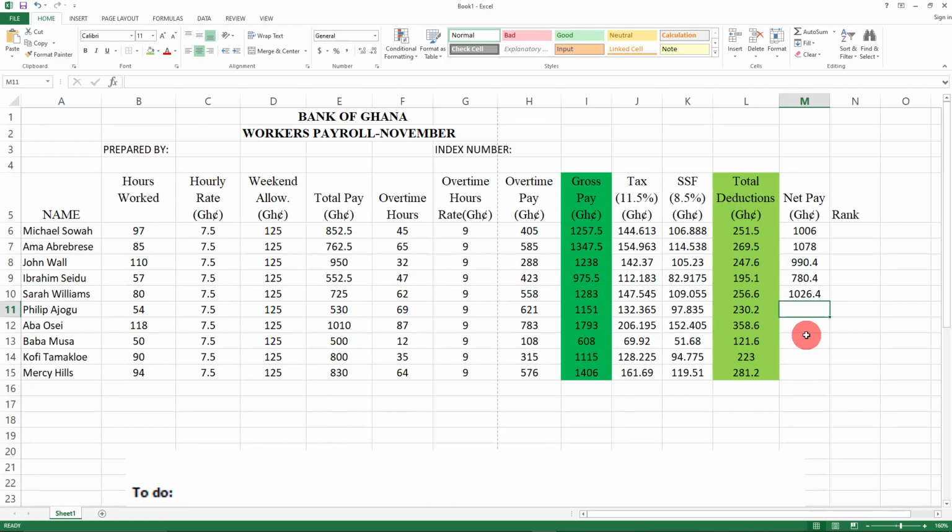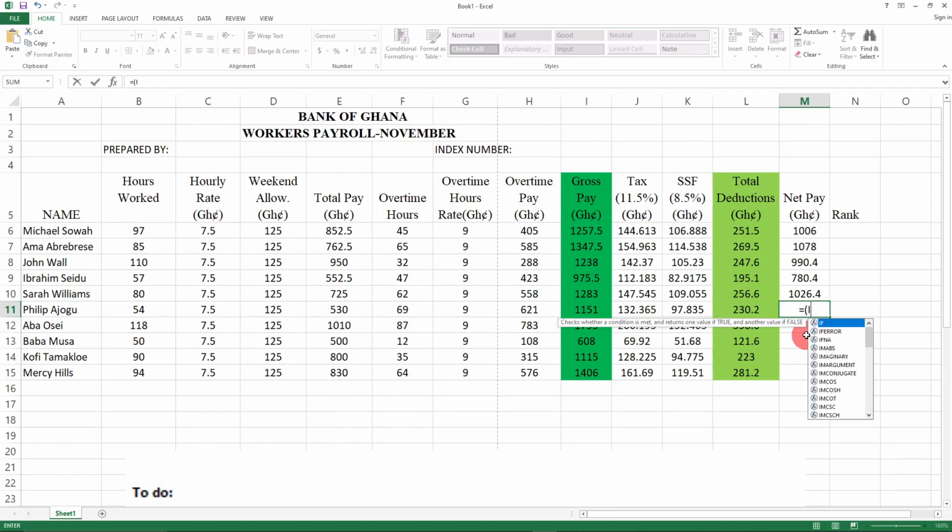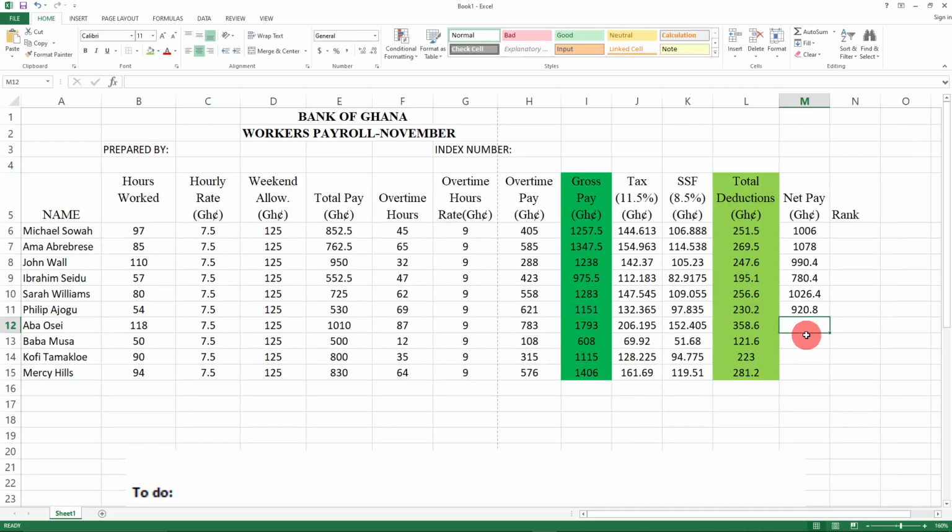So Sarah will be going home with 1,026.4. Let's see for Philip. So I11 minus L11. Philip will be going home with 920.8.